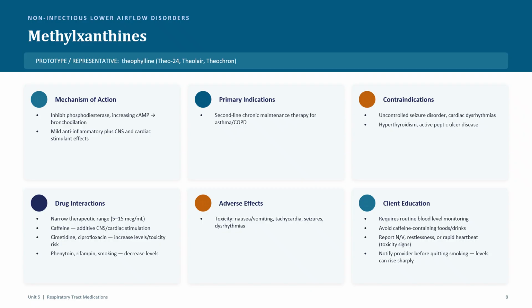But this medication inhibits an enzyme called phosphodiesterase, which raises cAMP. So notice that that's actually the same downstream signal as albuterol, just reached through a completely different route. So basically, different door, but to the same room.